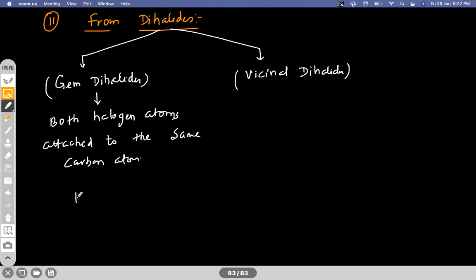For example, RCHX2 is a gem dihalide because both halogens are at the same carbon.